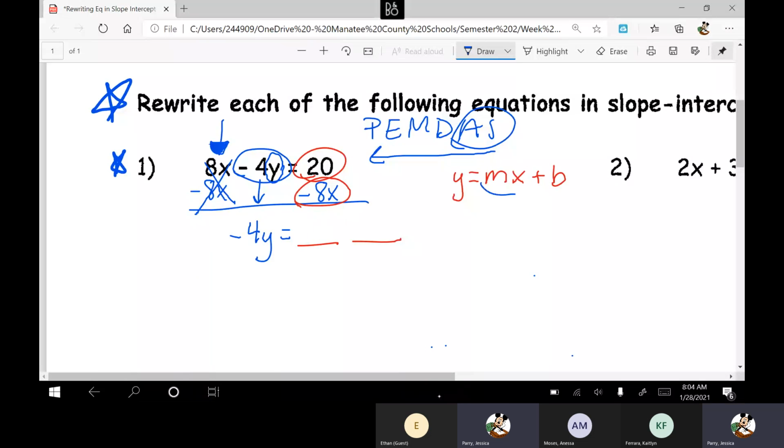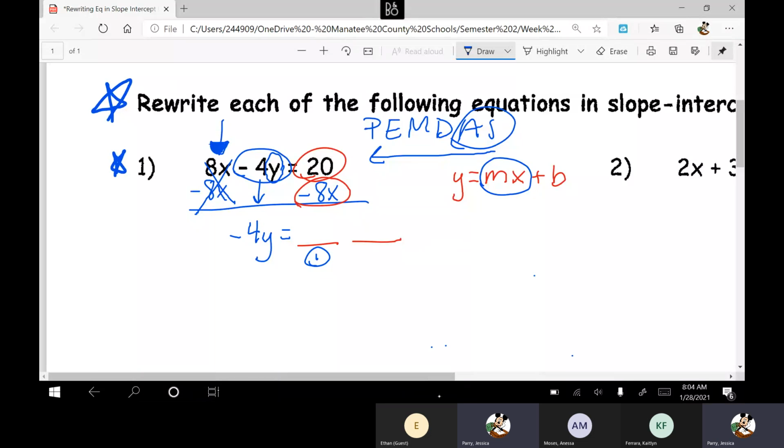In the end, we need to have the term with the x first. So which one should I put first? Should I put the 20 or the -8x first in this first spot? Tell me in the chat, or you can turn your microphone on.